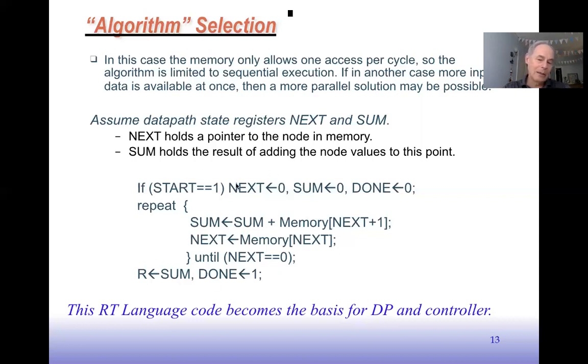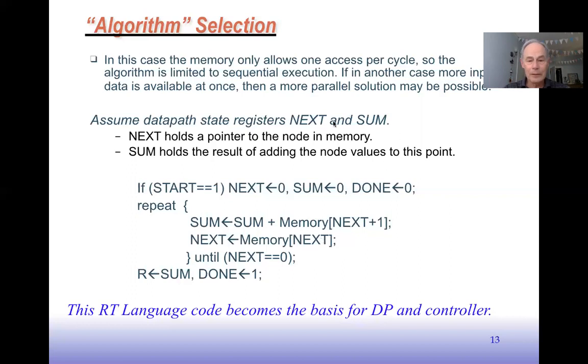So I think if you look at this, you'd agree that this is kind of the most straightforward way that we could write this kind of program to achieve this function of adding up all the contents of the nodes. So we'll use this as a basis for a data path, and that's coming up next.